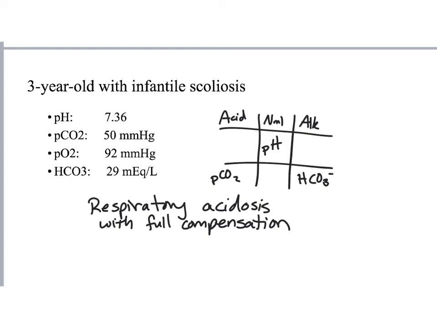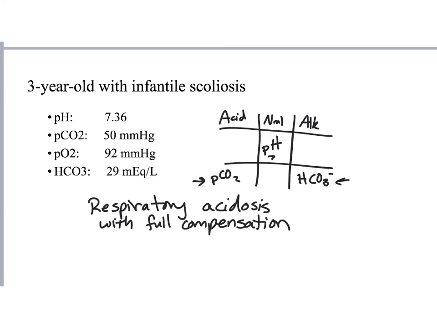So pH 7.36, that's normal. Great, hooray! But wait a minute, the other two indicators are not normal. So PCO2 of 50 is high, too much acid, that's acidotic. And then our bicarb 29, too much base, that's alkalotic.